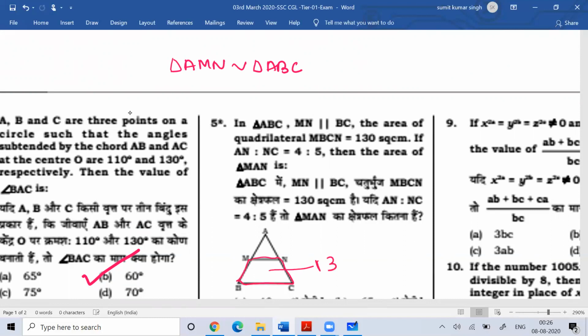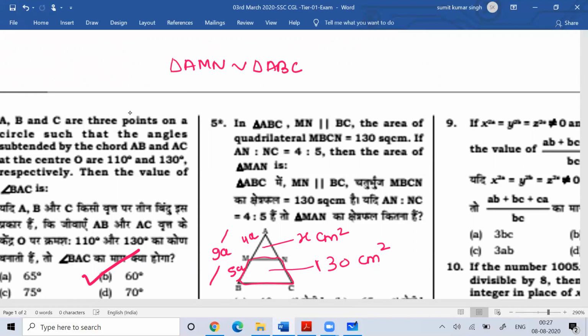This area is 130 centimeters square. Suppose the area of this triangle is X centimeters square. Then the ratio of AN to NC is given. Suppose this is 4A, and this is 5A. So this means this is 9A.